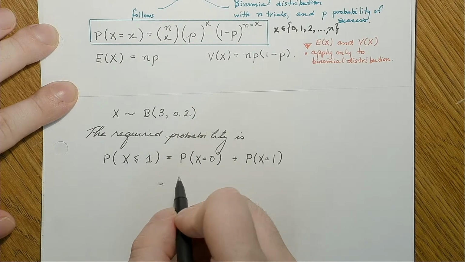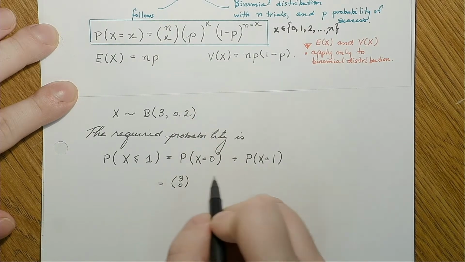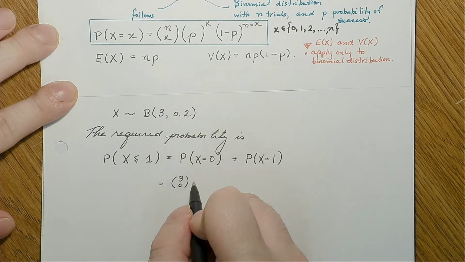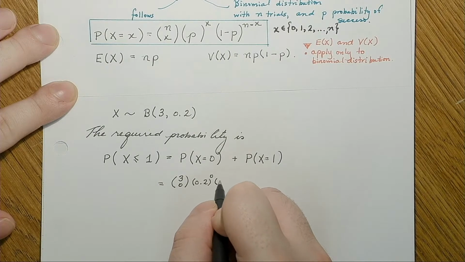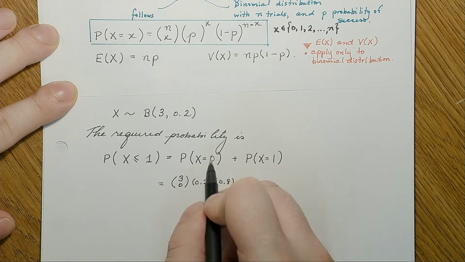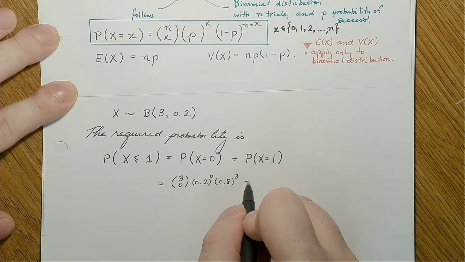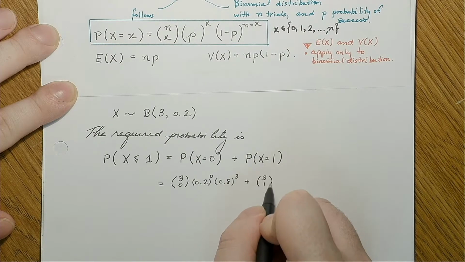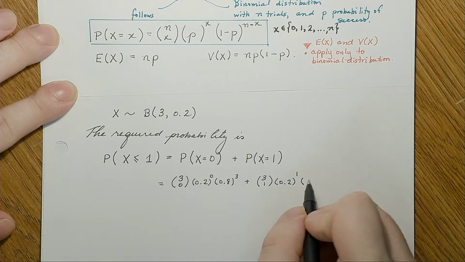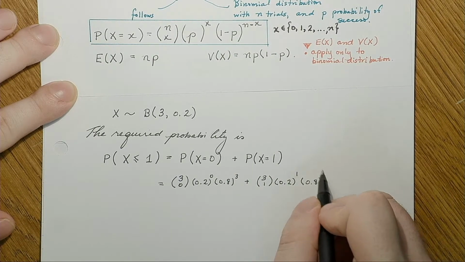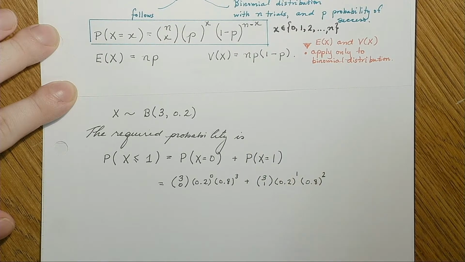So for 0, I need to have 3 choose 0 times the probability of success, which is 0.2 to the 0, times the complement, 0.8 to the, in this case it's 3, plus 3 choose 1 times the probability of success happening once, times the probability that it misses, or failure, and that can happen twice.